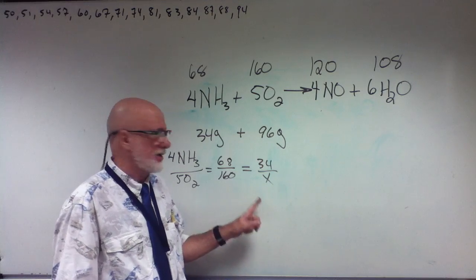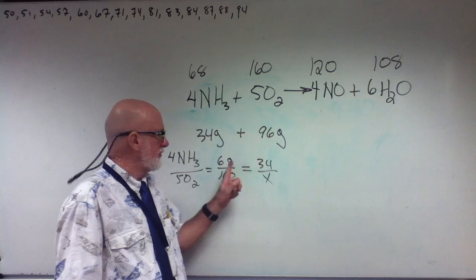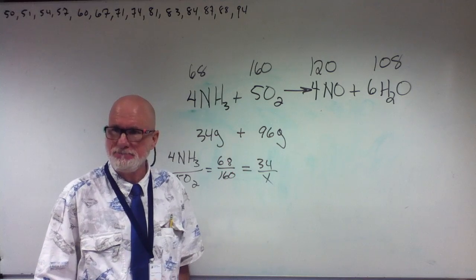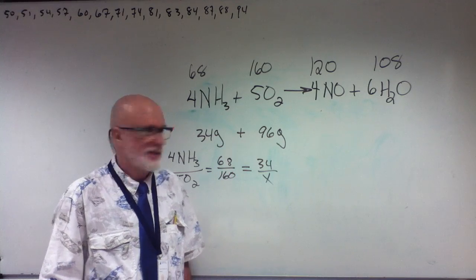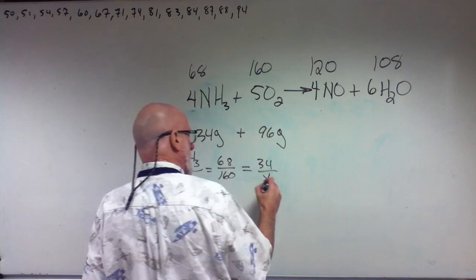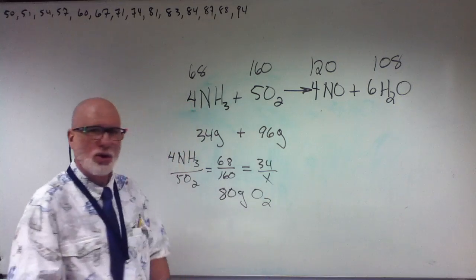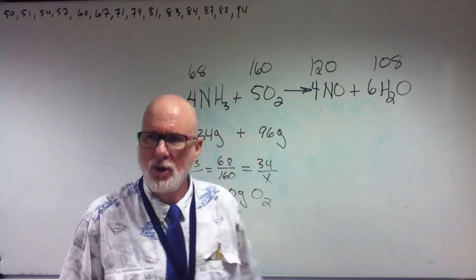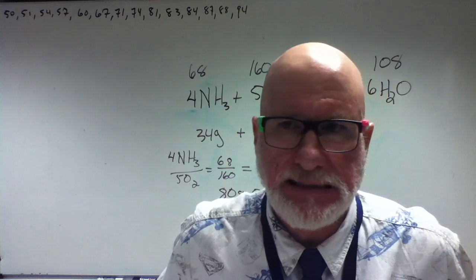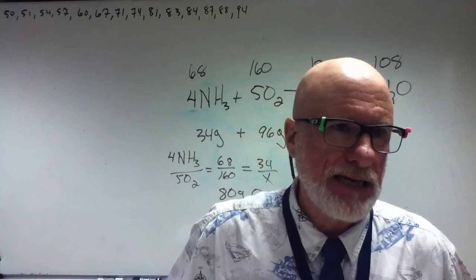On your calculators, 160 times 34 divided by 68. It's 80. Good. So 80 grams of oxygen. Can we stop there in terms of what's limiting and what is in excess, or do you want to continue?